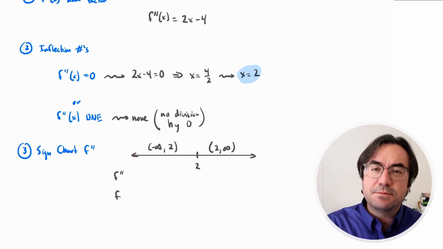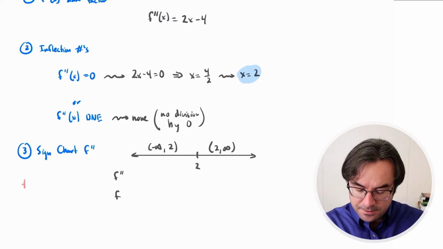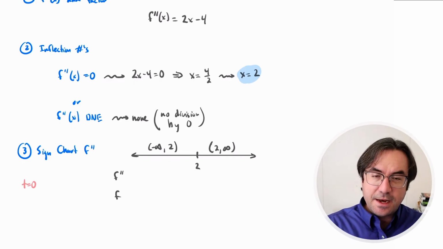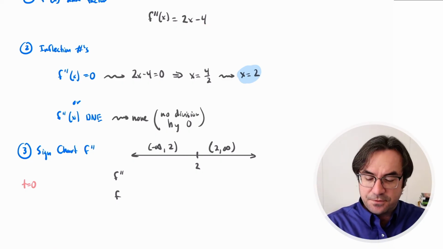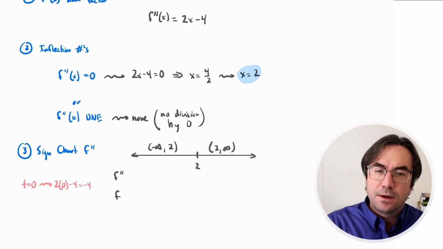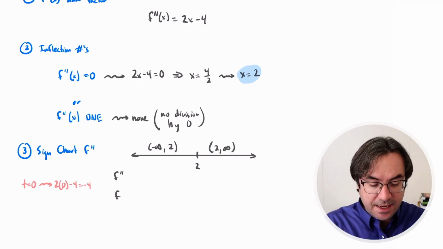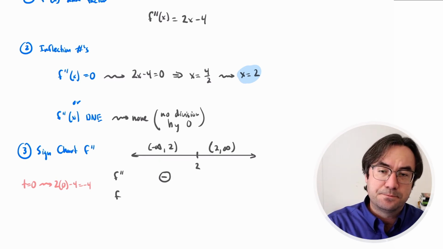All right, so let's start with our first interval. We just want some test number less than 2. So 0 is always a good one. If we plug 0 into our second derivative, the 2x minus 4, we get 2 times 0 minus 4, which is negative 4. That tells us on that first interval, f double prime is negative.